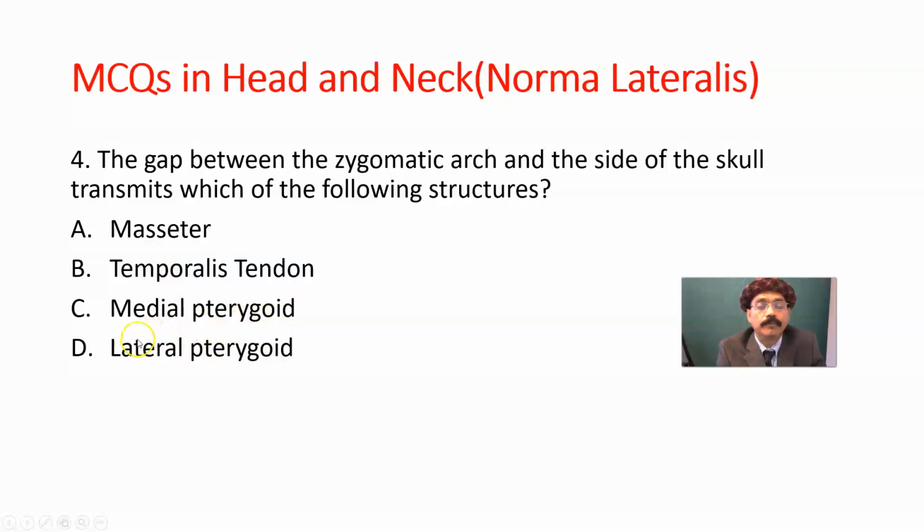Which one passes between the side of the skull and the zygomatic arch? Answer should be temporalis tendon. This muscle takes origin from the temporal fossa and temporal fascia, and inserts to the coronoid process of the mandible.